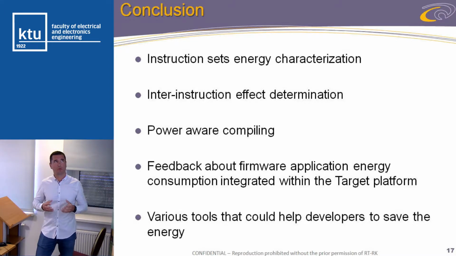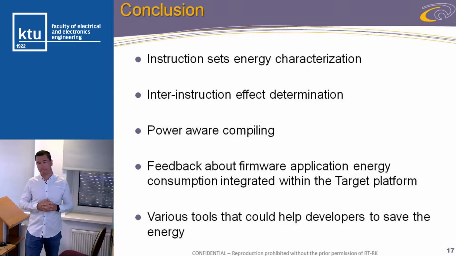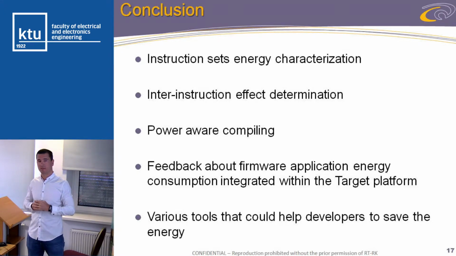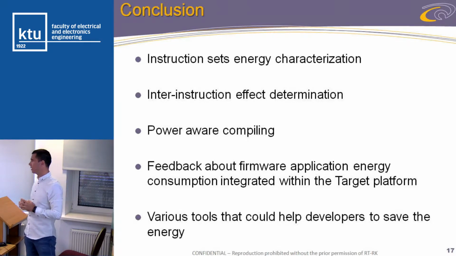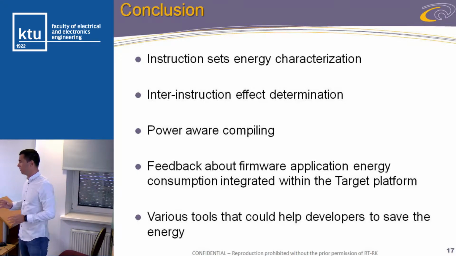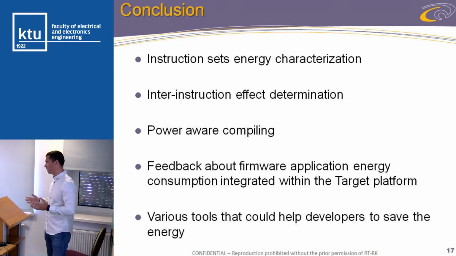We can make some conclusions based on this. This can be very valuable for firmware development when we make instruction set energy characterization, meaning that each individual instruction is tagged with its own energy dissipation. Also, the inter-instruction effect could influence instruction scheduling during firmware development.